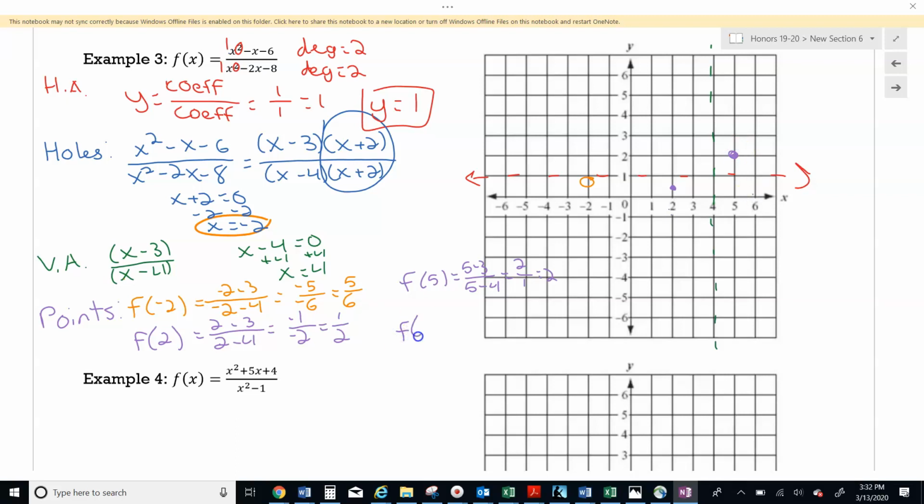And then I'll do 6. 6 minus 3 over 6 minus 4, just 3/2. So that's between 1 and 2. So you're coming this way, I gotta completely skip my hole, make my downward.